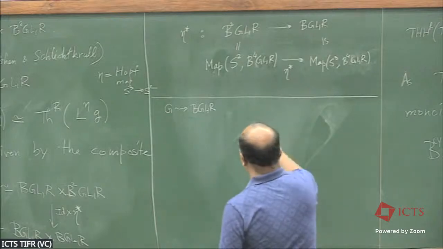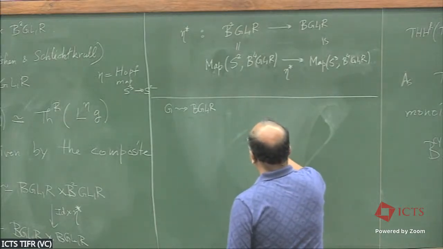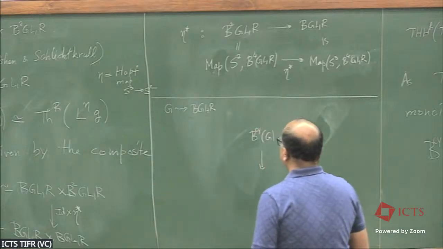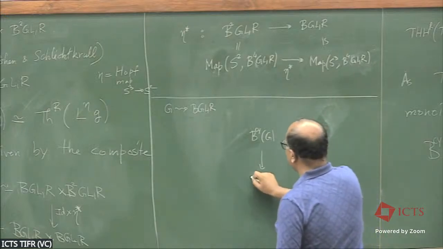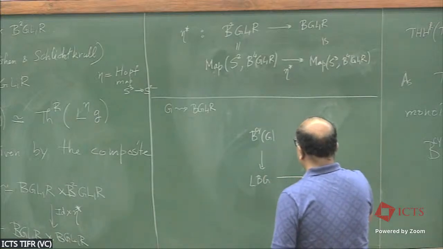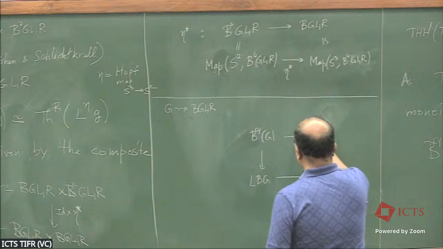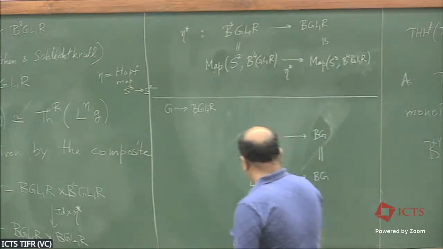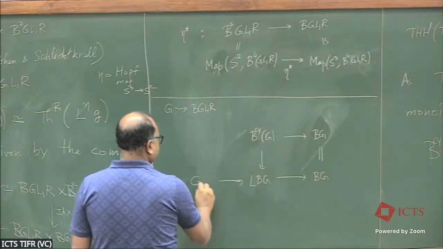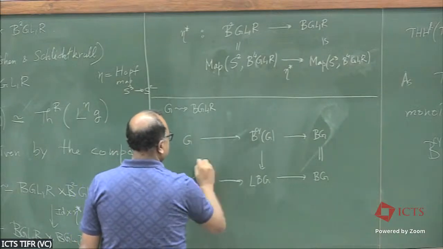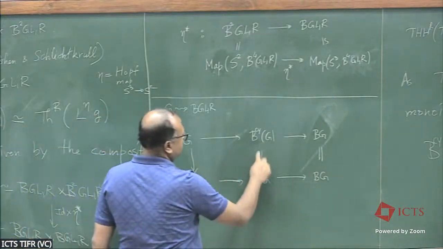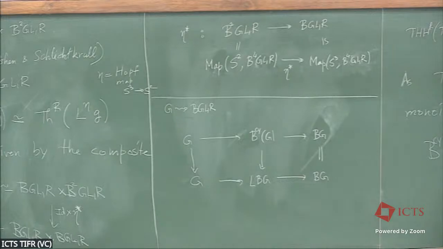So we have here BCy of G, and that maps to the free loop space of BG. This goes to BG. This goes to BG. So we had this diagram, omega BG, which is G, and the fiber here is G. So we had this diagram which basically showed that the cyclic bar construction on G is LBG.